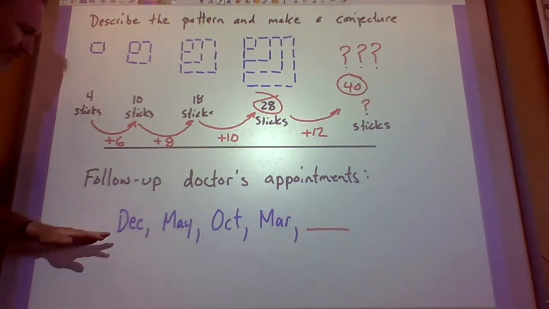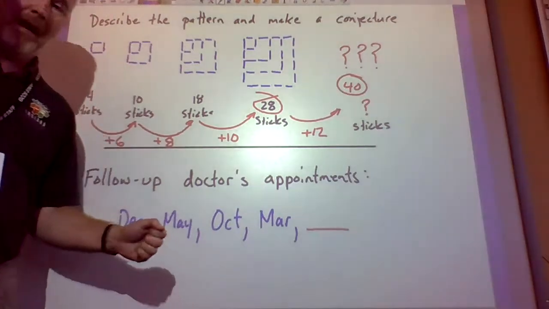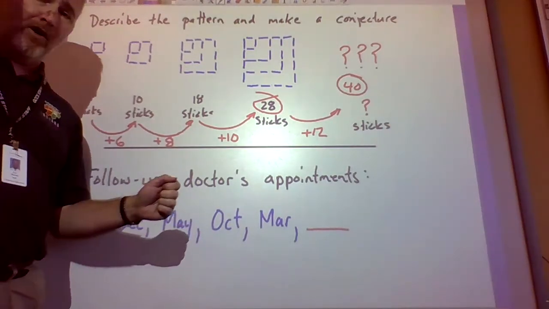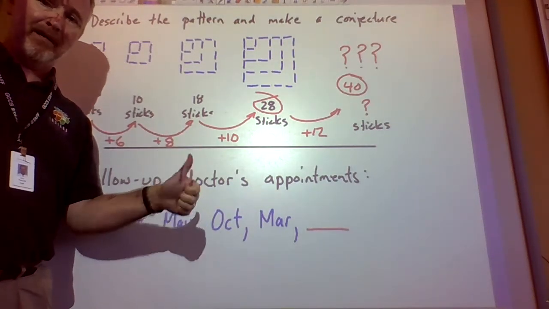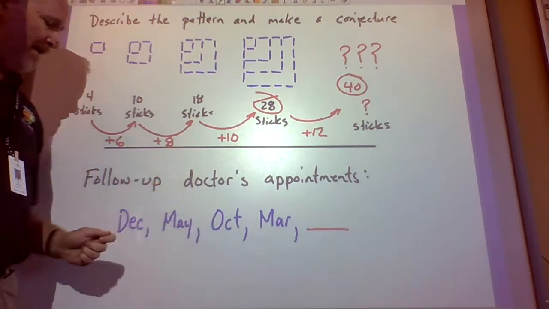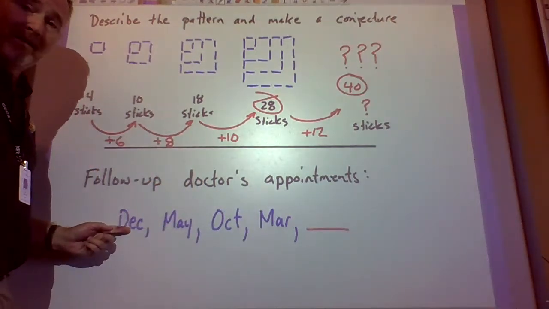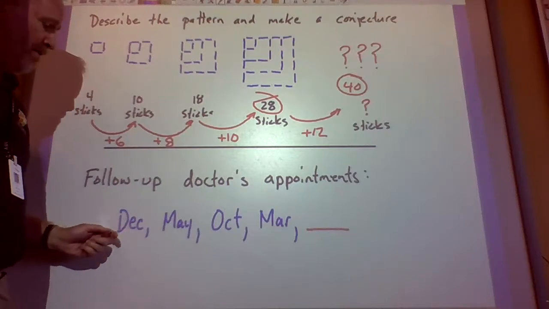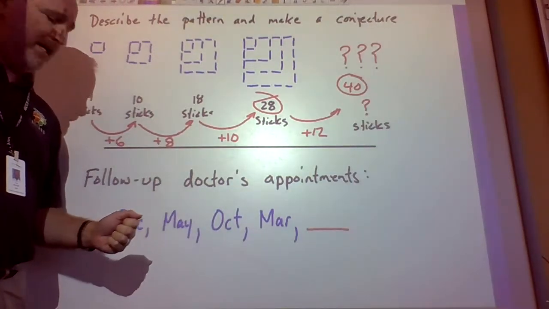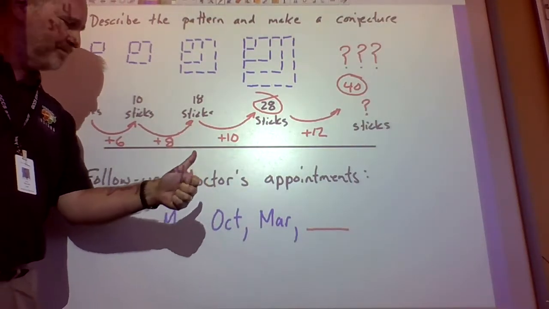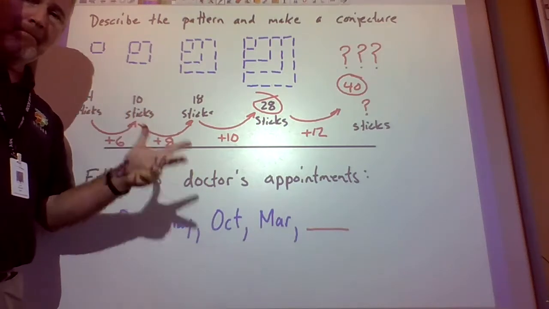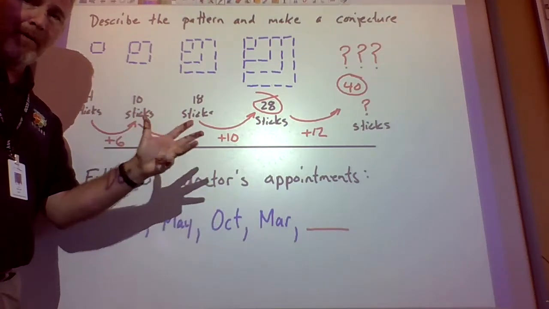Okay. Well, from December to May, I'm going to physically count them. Now be careful, don't do the classic mistake of counting December as a month. No. I'm on December right now. We're saying we're on December. So the first month would be January, February, March, April, May.